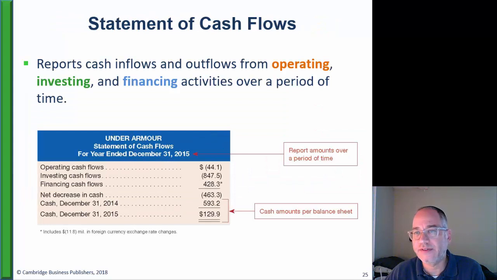And then finally we have the statement of cash flows, and this has three sections: operating, investing, and financing. And that reflects the three areas that we've been talking about in business of operating, investing, and financing. Now, it's not that you can't divide the balance sheet and the income statement into operating, investing, and financing.